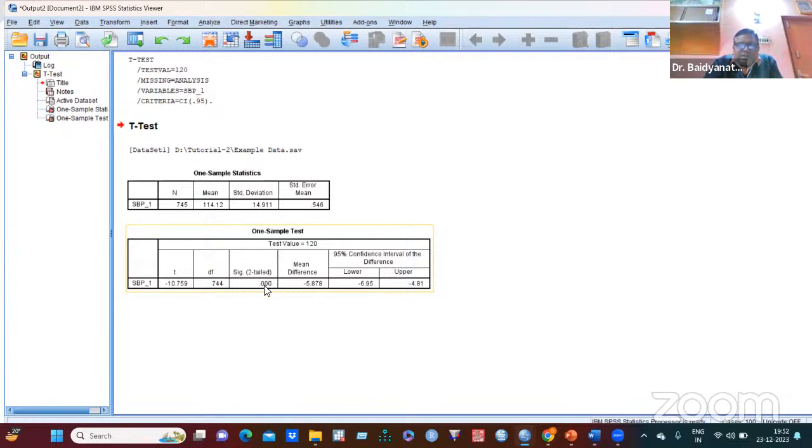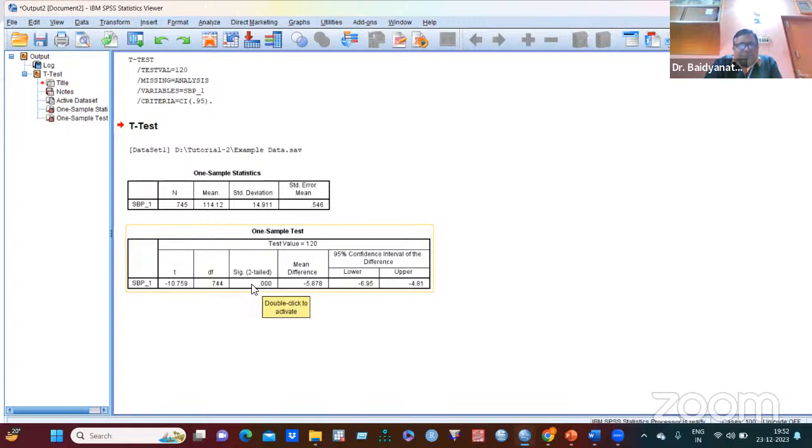Since this is rounded, it is showing 0. So it is obviously less than 0.05 or 0.01. That's why we can say this is significant, at the 1% level.